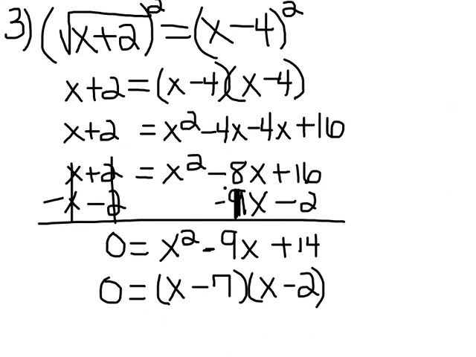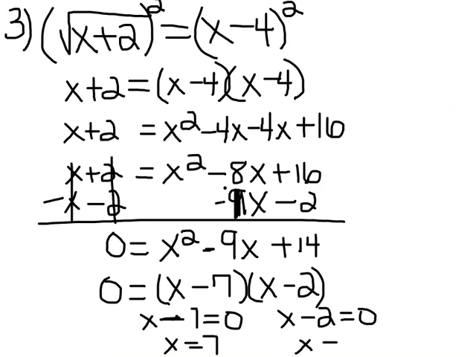And now we'll be solving our equation by setting each one of our factors equal to 0. So if we have x minus 7 equals 0, we'll add 7 to both sides and get x equals 7. If we have x minus 2 equals 0, we'll be adding 2 to both sides to get x equals 2.